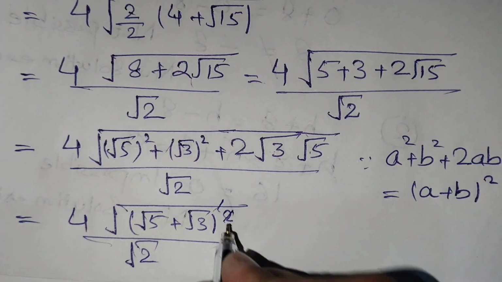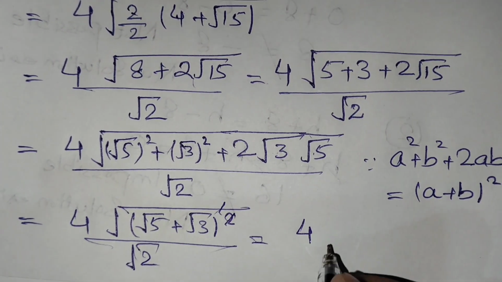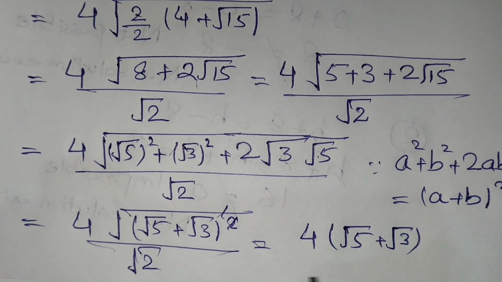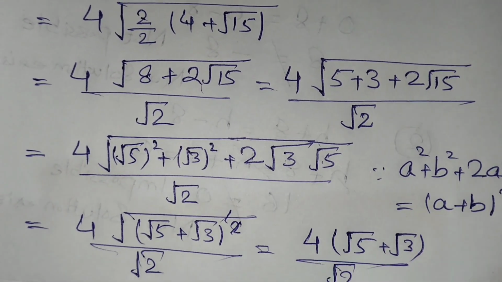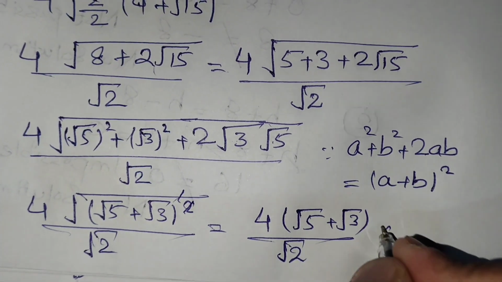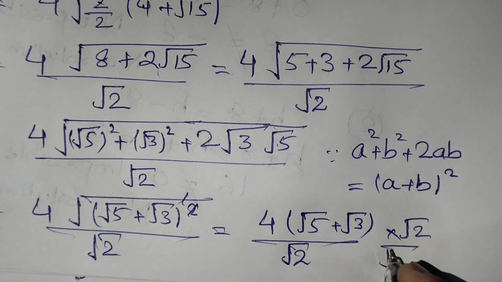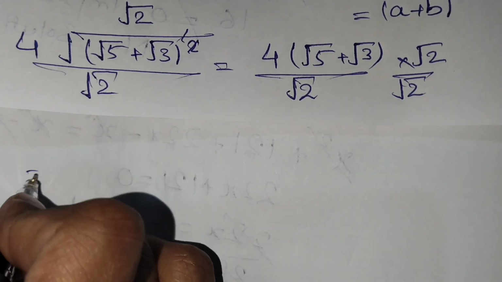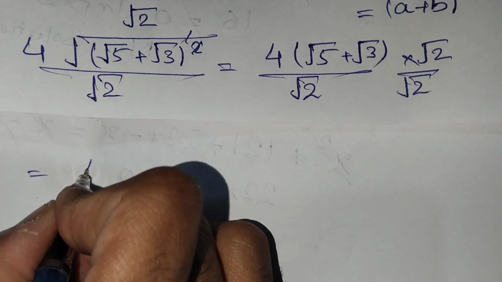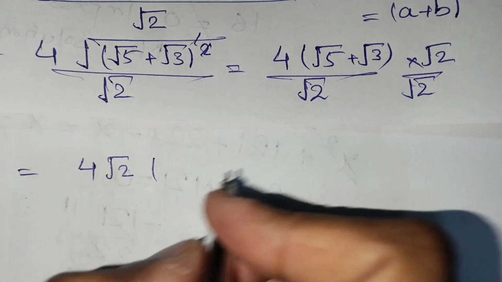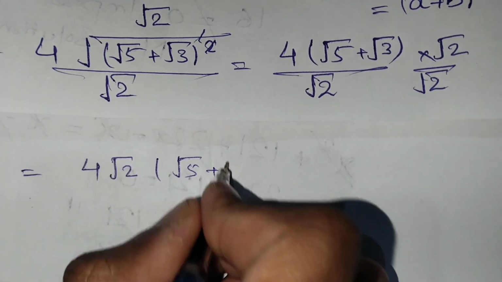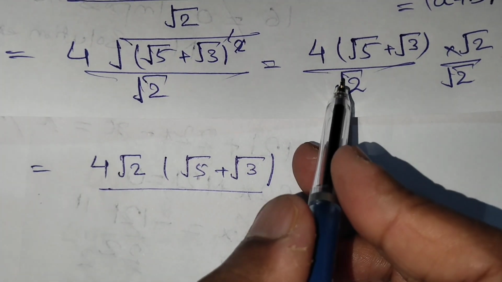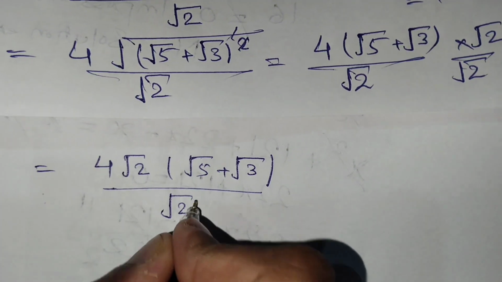The square root and square cancel, we get 4 times square root of 5 plus square root of 3 divided by square root of 2. Multiply and divide by square root of 2. So this will be equal to 4 times square root of 2 times square root 5 plus square root 3, divided by square root 2 times square root 2, which is square root 2 whole square.